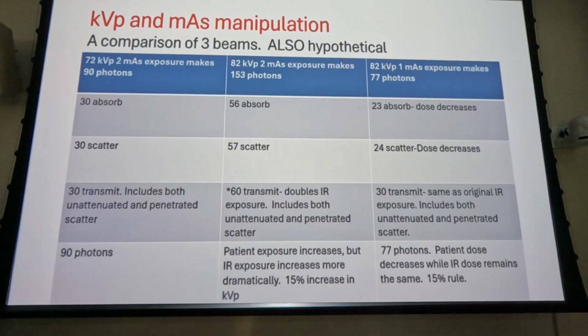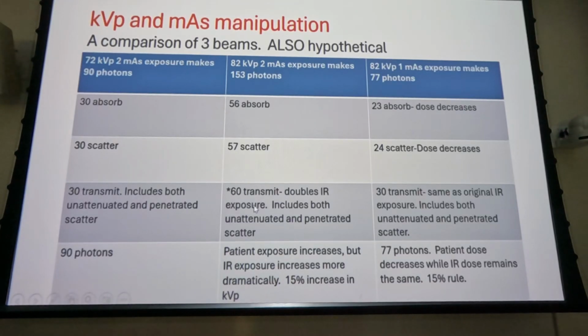All right, so again, a little bit of beating a dead horse, but just to demonstrate. We're back to our original techniques that we were looking at before. So 72 kVp at 2 mAs, 82 kVp at 2 mAs. We got 90 photons originally. We got 153 photons over here. And what we get then is an increase in absorption, an increase in scatter radiation. We get an increase in transmission.